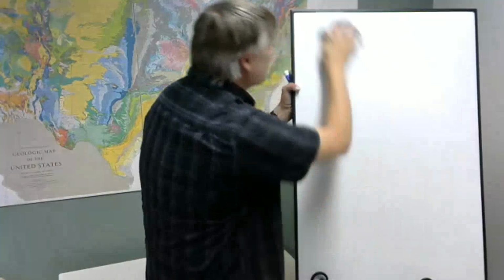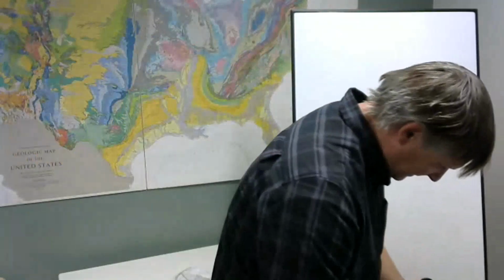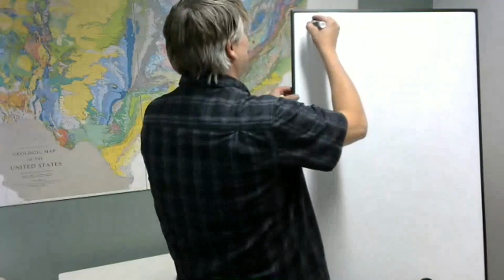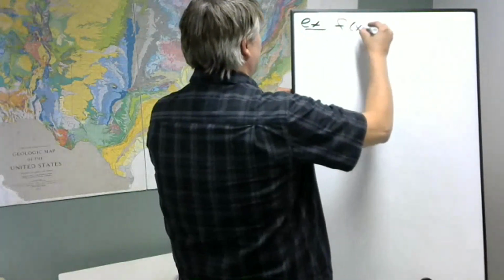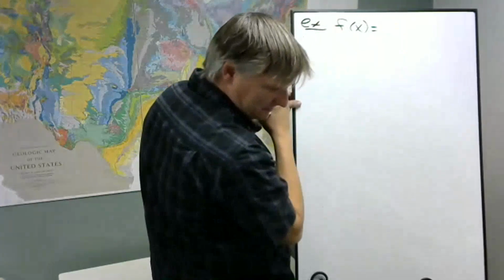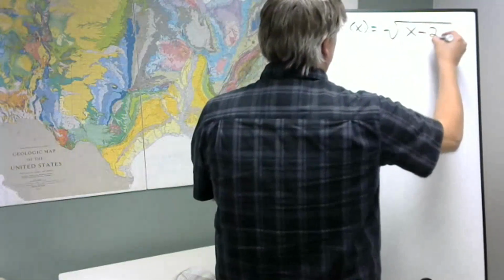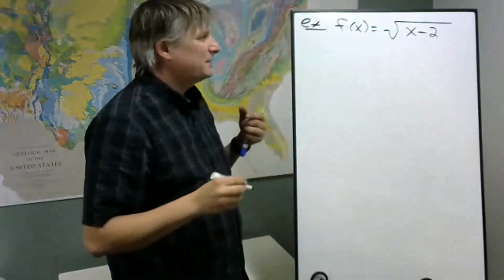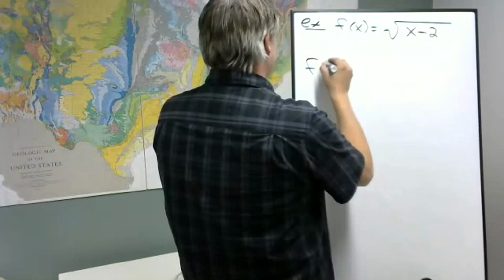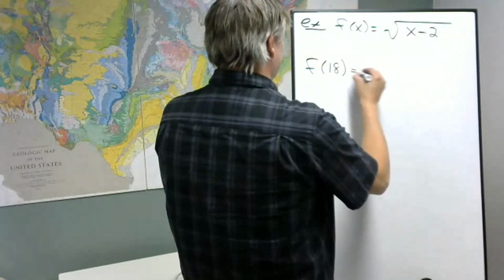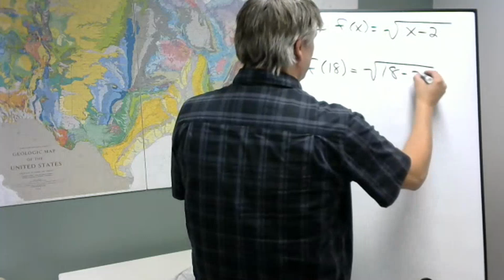So, using square roots as functions. Let's say we have this. So let's say we compute f of 18. Well, we replace all the x's with 18.